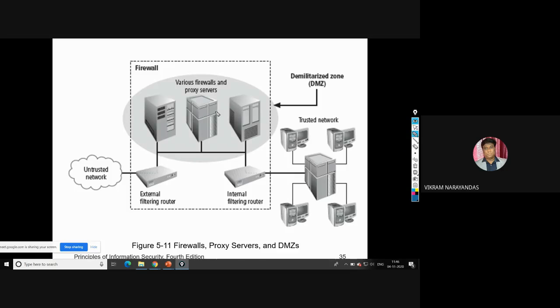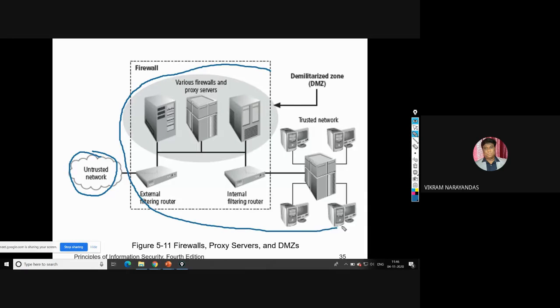So you can see this diagram, the combination of firewalls, proxy servers, and DMZ here. It's the untrusted network, and this is the internal network, the trusted network. So I can place various firewall configurations here. We have different types of firewalls. I can use different types of firewall configurations and proxy servers to protect your internal network, your trusted network.